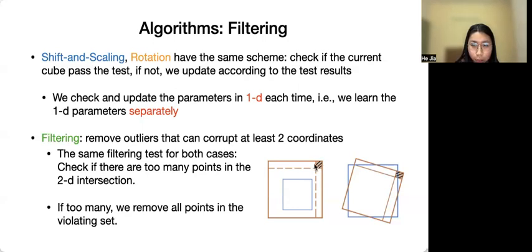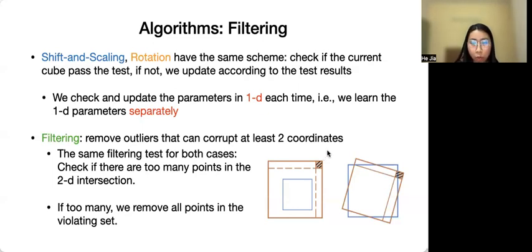And we'll check if there are too many points. We should know the correct density for these small parts, because the cube is uniform and we know all the lengths. If it has too many points, we just remove all of them. For example, if it has twice as many as the correct density, then if we remove all the points, we remove at least half of them as noise.